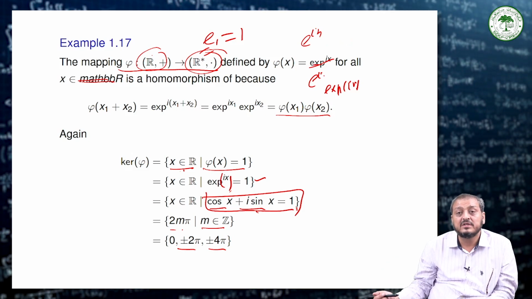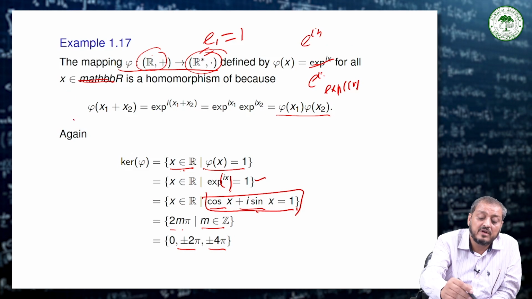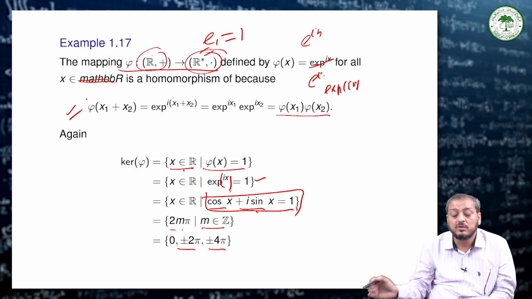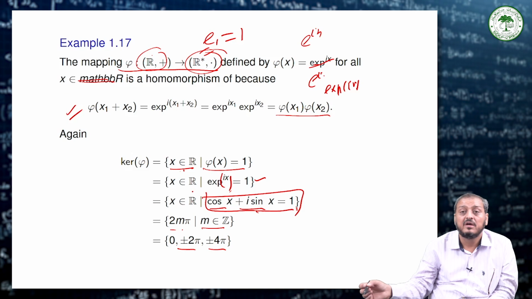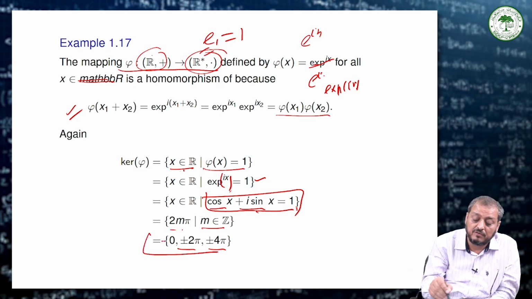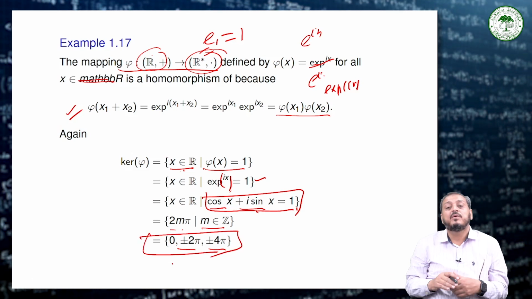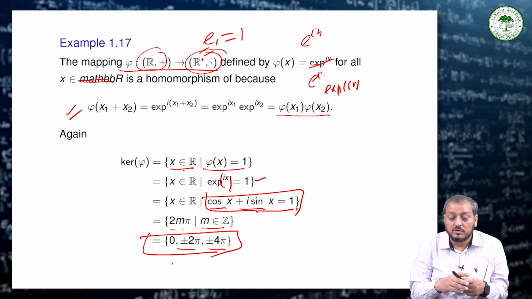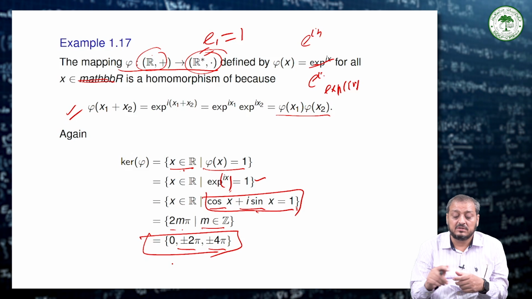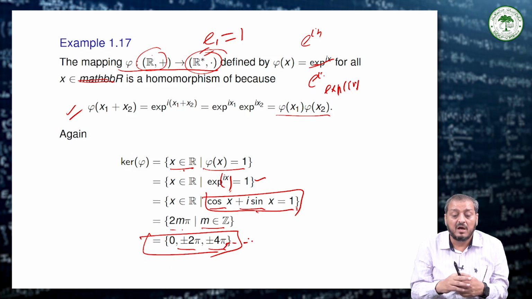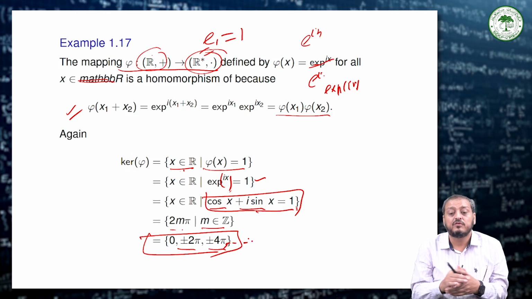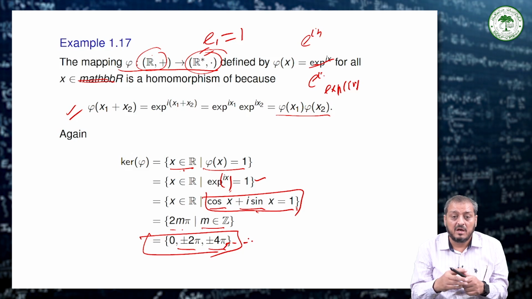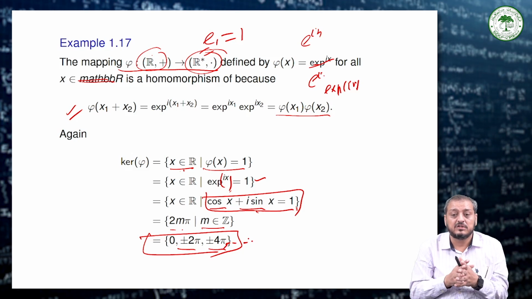So we can say that clearly this map is defined as a homomorphism, and the kernel of phi is equal to 0, plus or minus 2 pi, plus or minus 4 pi, and so on. So these are the kernel of this phi.